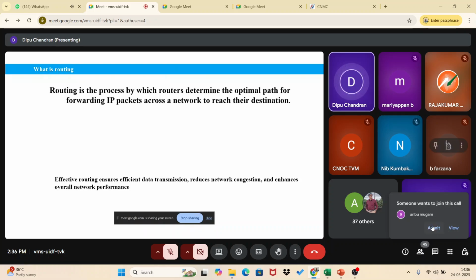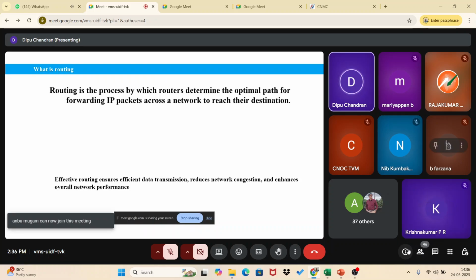Whatever I am getting, I am giving to some equipment. That equipment decides to which interface I have to hand over this packet, and then it ultimately goes onto fiber through some DWDM or OTN and reaches another router.